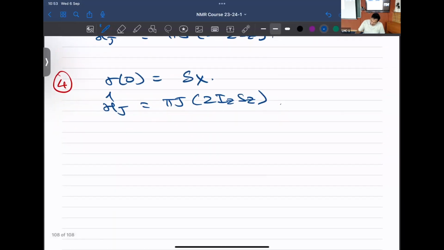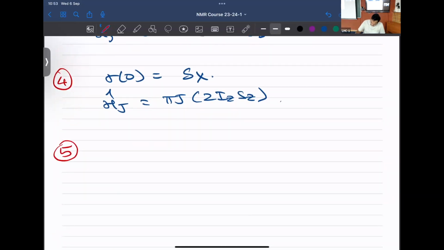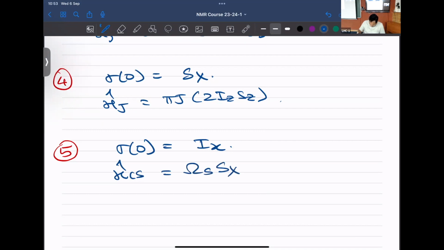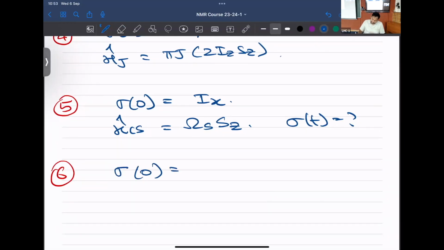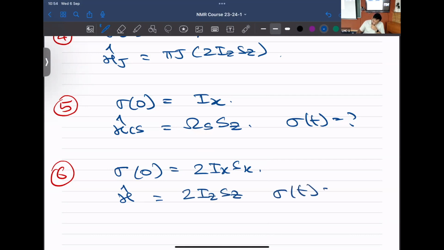And most importantly, try to think about if sigma 0 is Ix, the Hamiltonian is omega S Sx, or rather Sz. What is sigma of t? Then you have sigma of 0 as, let me think, something like 2 Ix Sx. Let's say one of the Hamiltonians is going to be 2 Iz Sz.